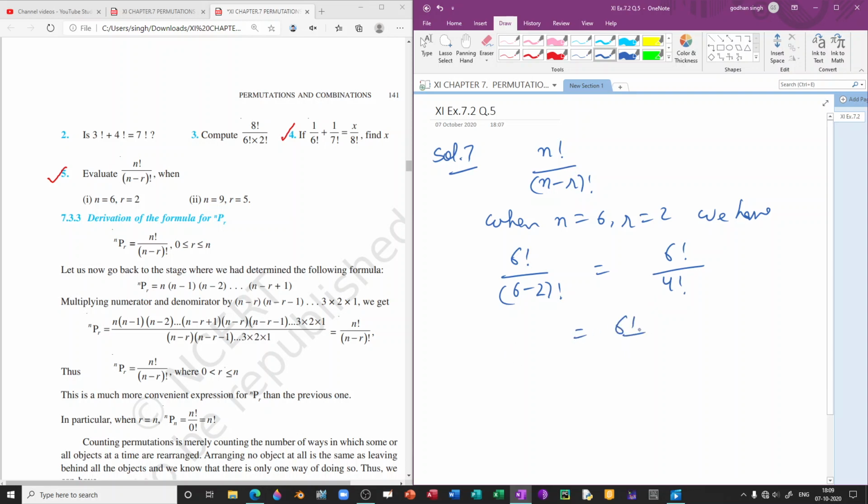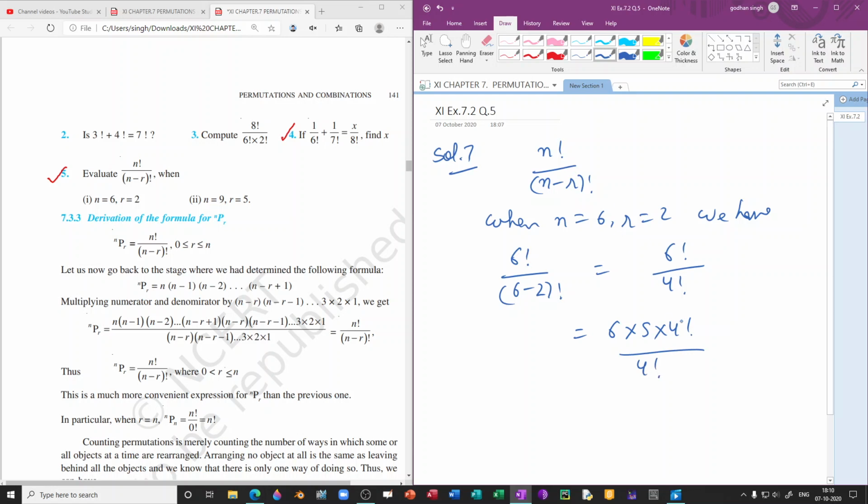Now here, out of these two, 6 factorial and 4 factorial, the larger one is 6 factorial. So we will split up 6 factorial. Rewriting 6 factorial as 6 into 5 into 4 factorial over 4 factorial.